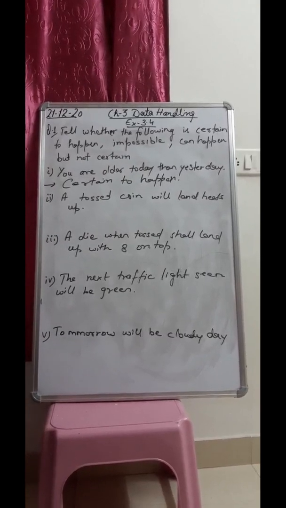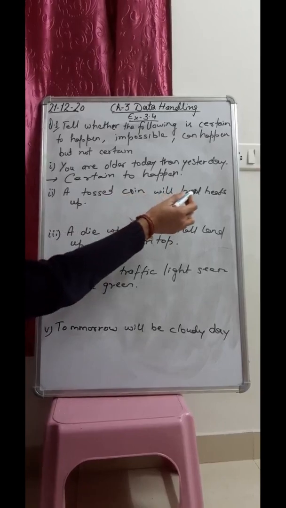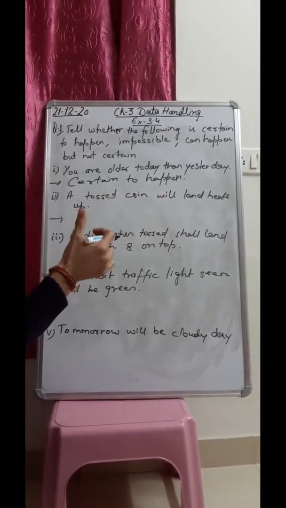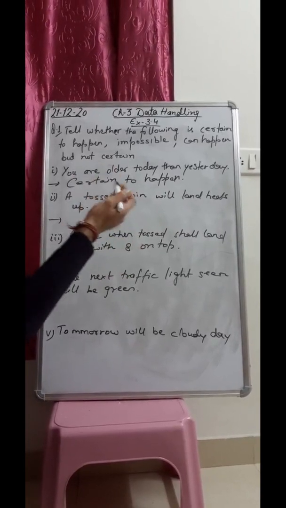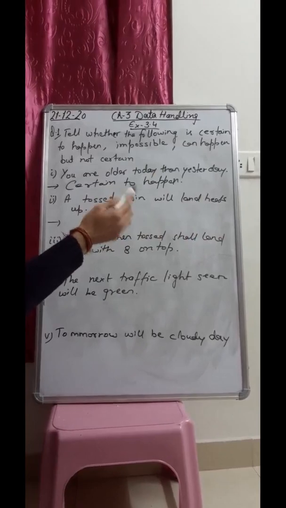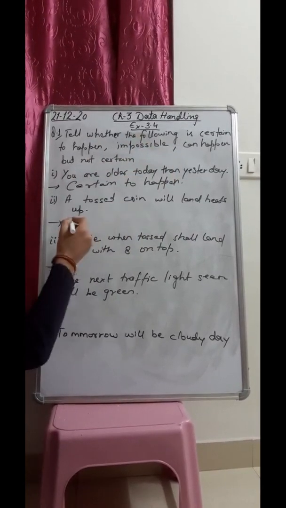The second part is, a tossed coin will land heads up. Whenever you toss a coin, we are not sure whether it will be head or tail. So which condition will apply?